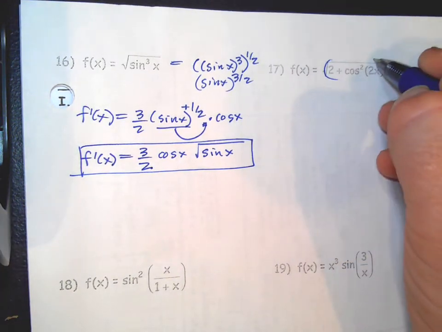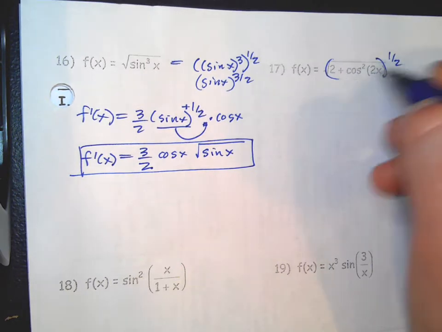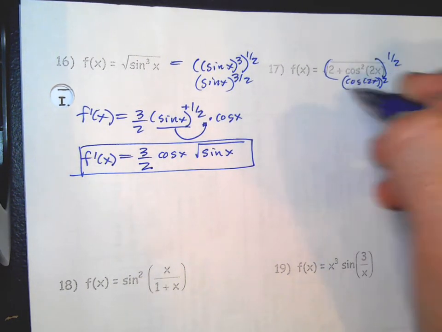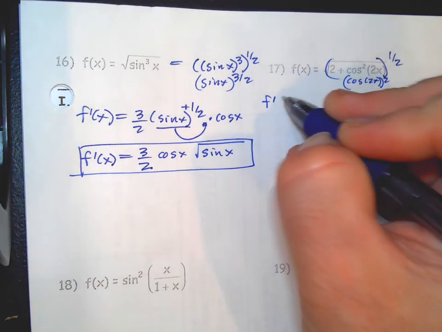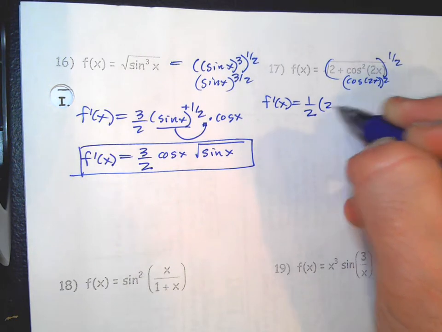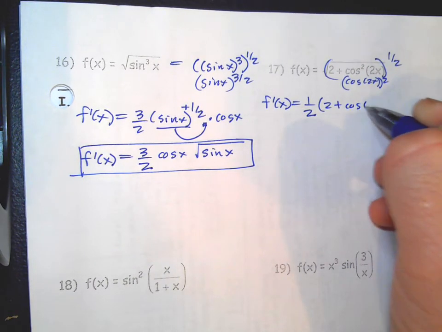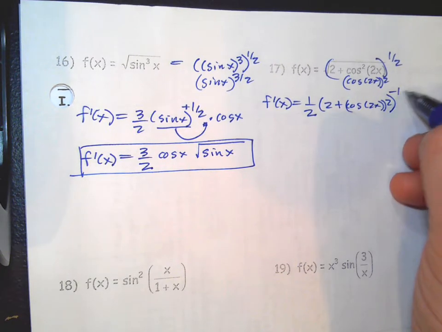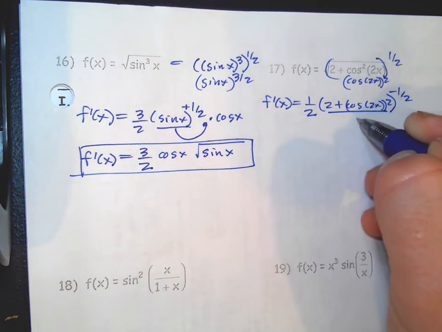This is all to the 1/2. I would think of this as cosine 2x all parentheses squared. So the derivative is going to be the outer derivative first, 1/2, 2 plus cosine 2x squared to the negative 1/2, times the derivative of what's inside.